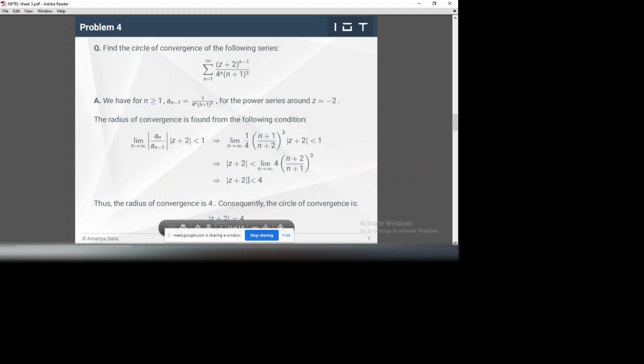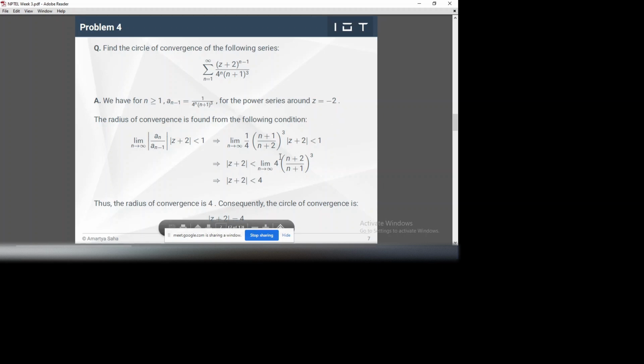So our criterion for uniform convergence here is mod z plus 2 less than 4. This gives us the radius of convergence. So our radius of convergence is 4, and we are already expanding around the point z equal to -2.